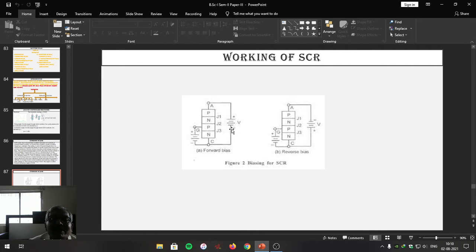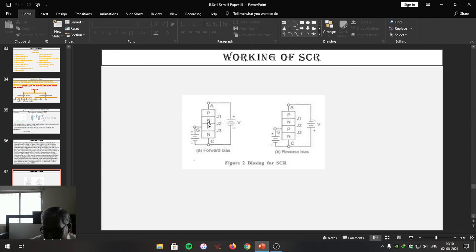This is because the negative terminal is connected to the N region, so J3 is forward biased, and the positive terminal is connected to the P region, so J1 is forward biased. In general, we can say when anode is positively biased with respect to cathode, J1 and J3 are forward biased whereas J2 is reverse biased.